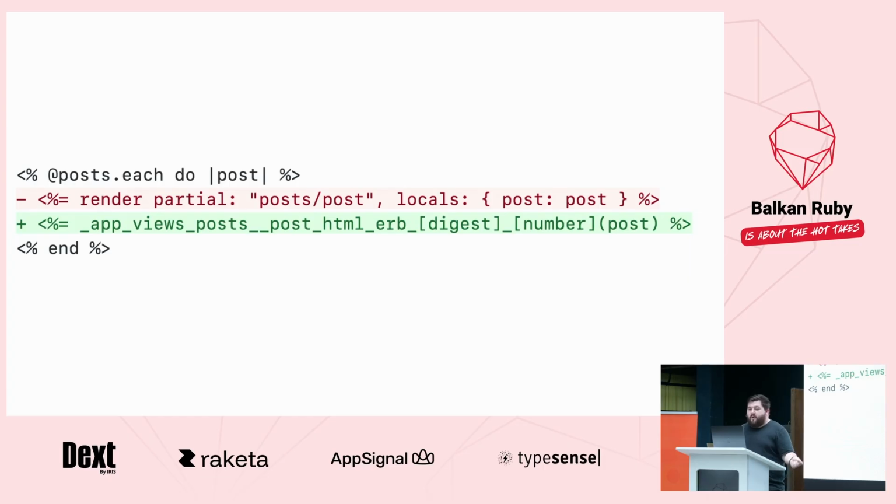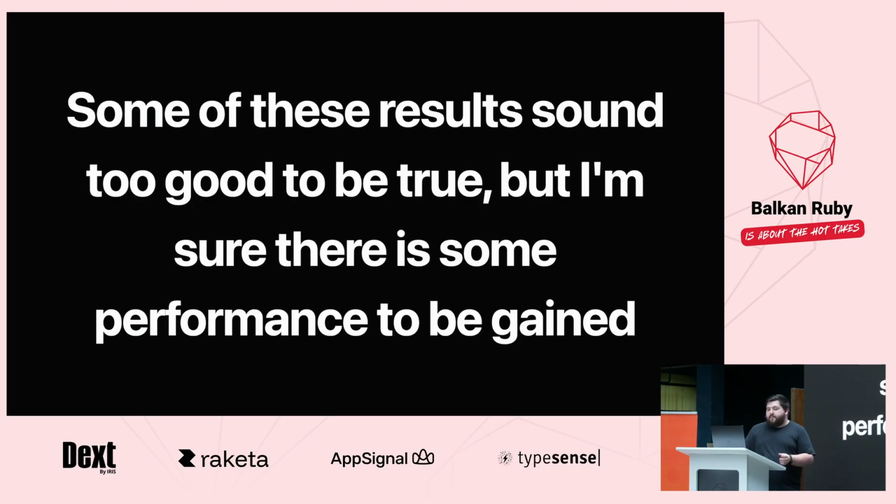Then it's obviously much faster because it doesn't have to do the lookup every time you render this page. So there are a lot of ideas and improvements here. Some of them are almost too good to be true, but we need to see how this affects production. There's some performance to be gained somewhere in between here.